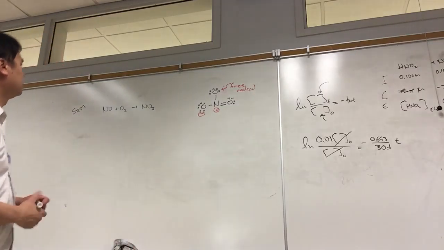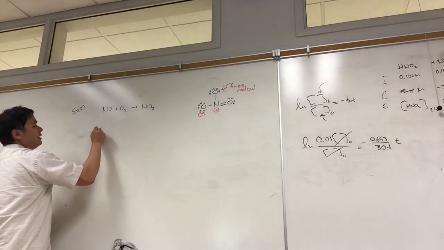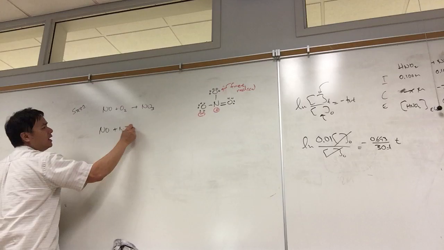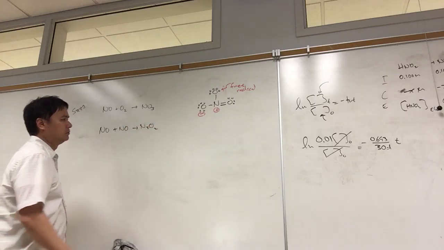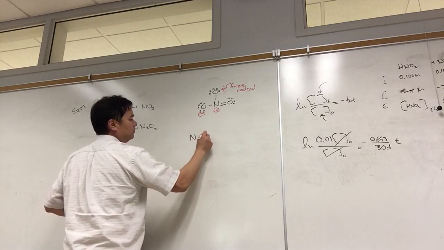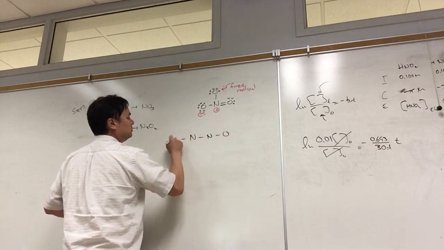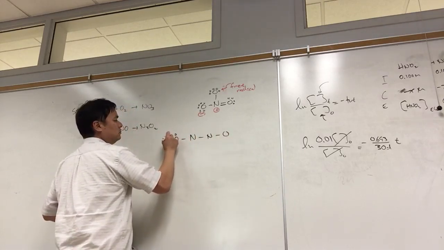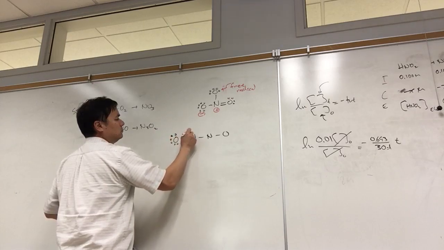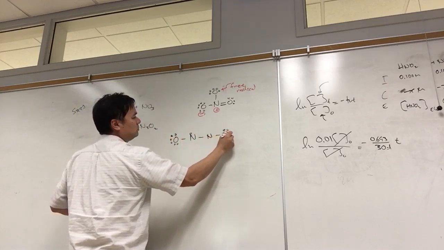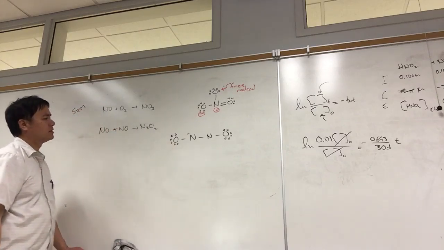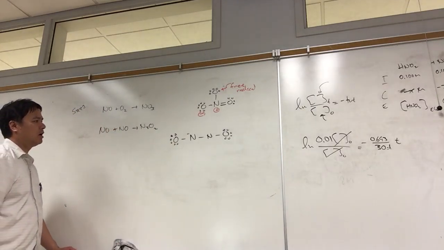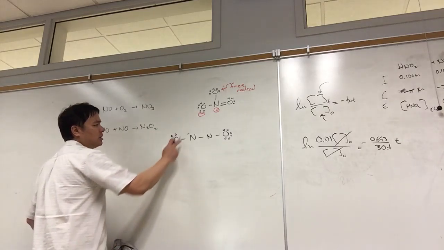Versus this. If I had an NO collide with an NO, I could form N2O2. N2 is 10, O2 is 12, so that's 22 electrons.